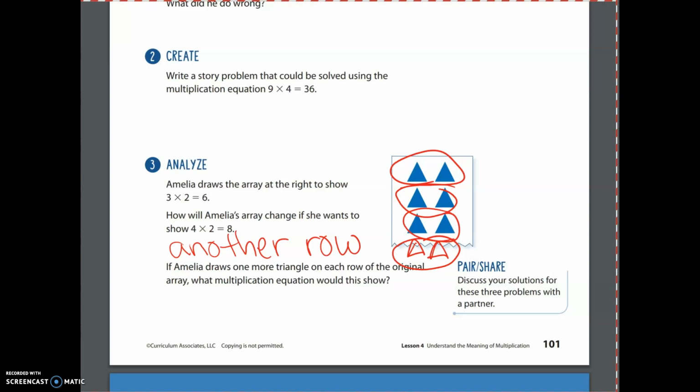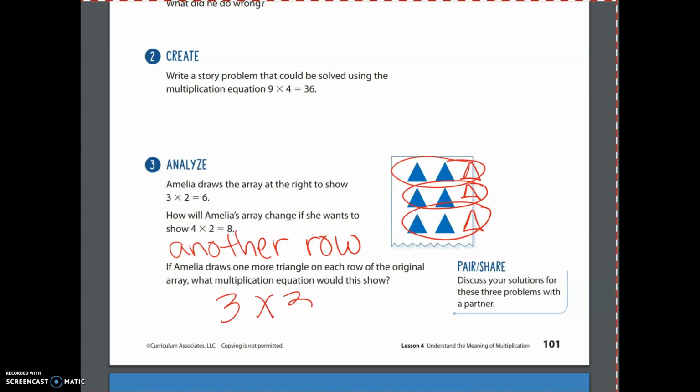So if we go back to the original array and she draws one more triangle on each row, what multiplication would this show? Well, it would show 1, 2, 3 groups of 3, and altogether that would be 3, 6, 9. So 3 groups of 3 would be 9.